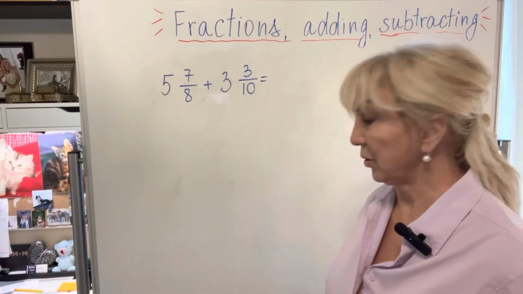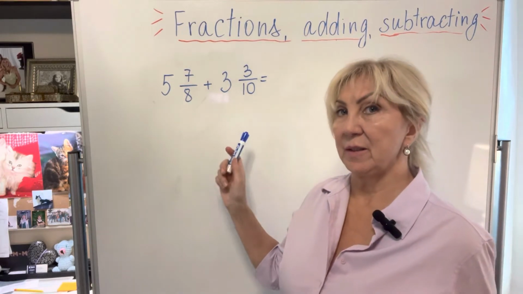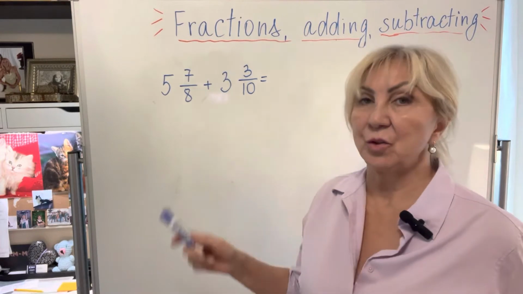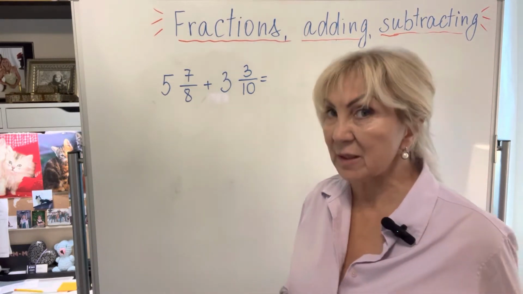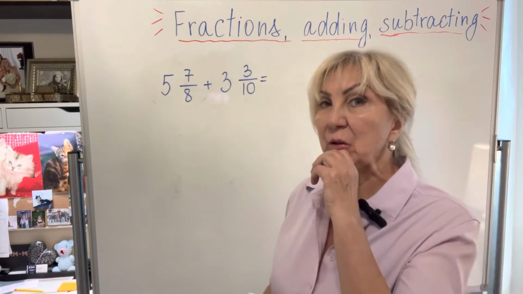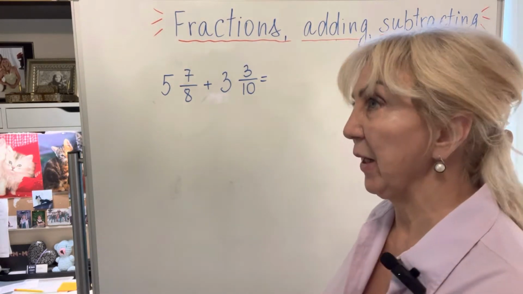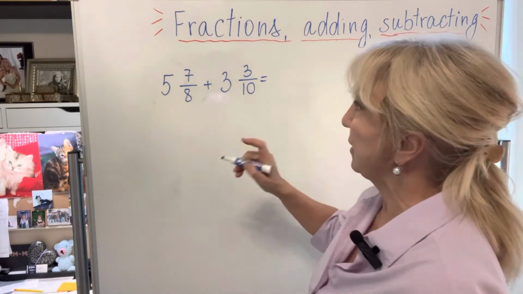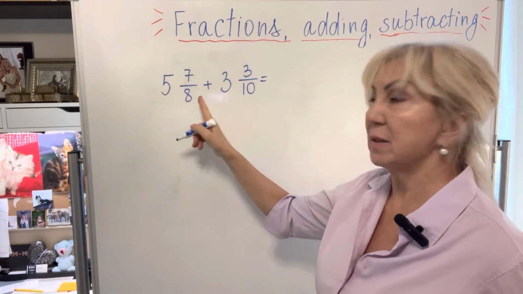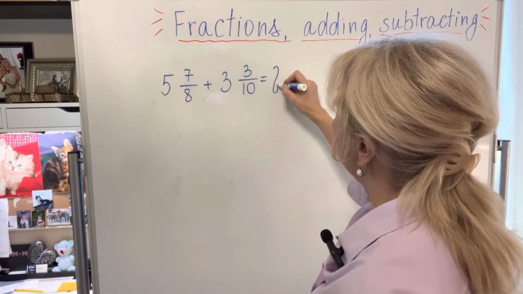And now we're going to work out adding two mixed numbers. When adding two mixed numbers, it's pretty simple. There are no tricks here, but when subtracting, sometimes we have to watch out. We add the whole parts, 5 plus 3, getting 8.